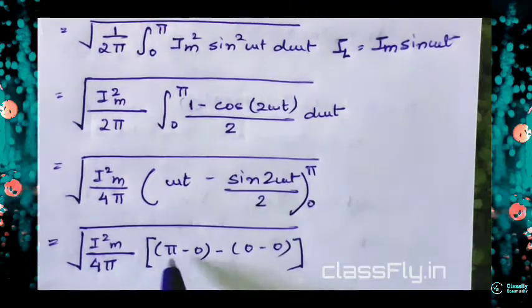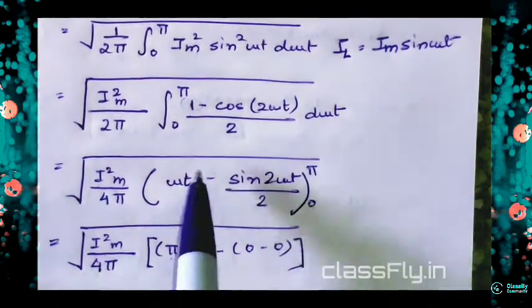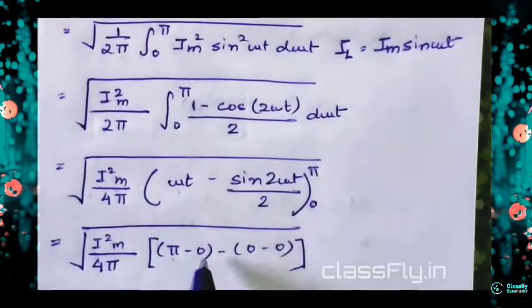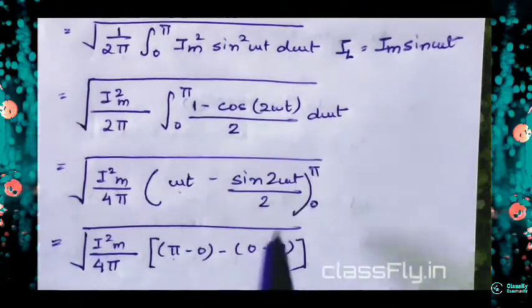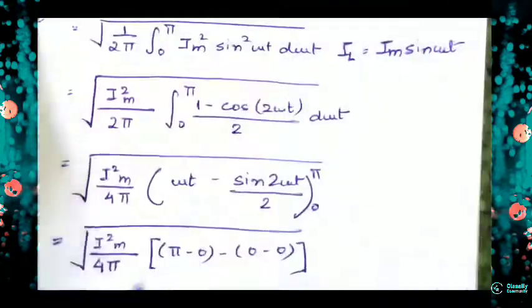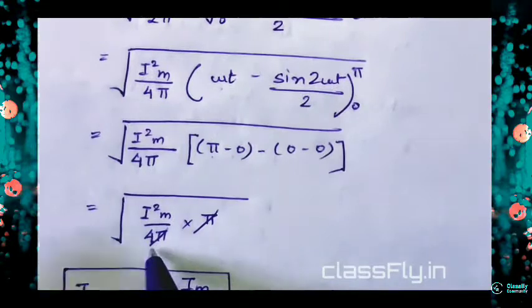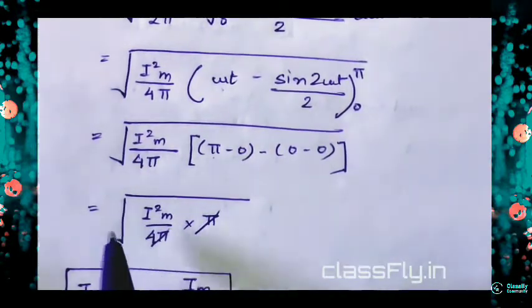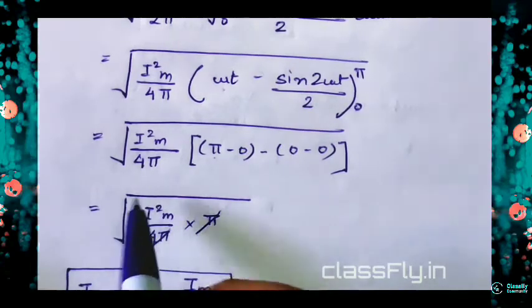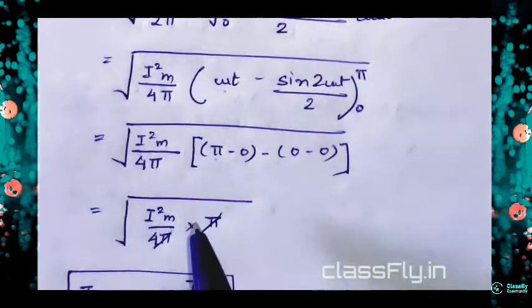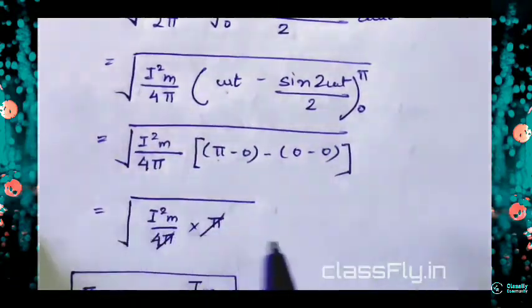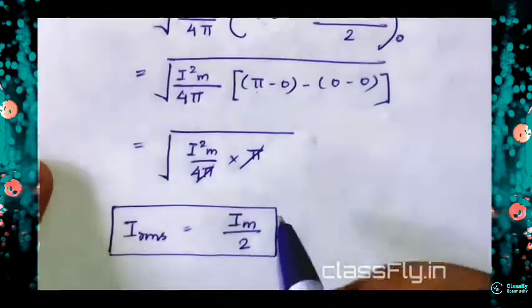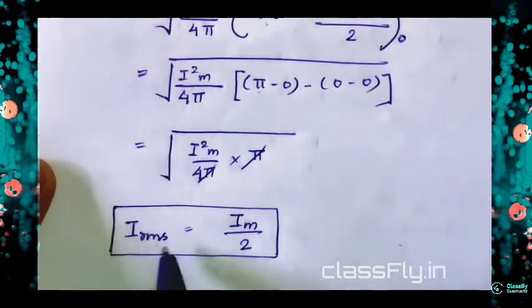When we solve the limits, that is pi minus 0, we get Im square by 4 pi into pi. Pi gets cut, and when we take the root out, we get Im by 2.